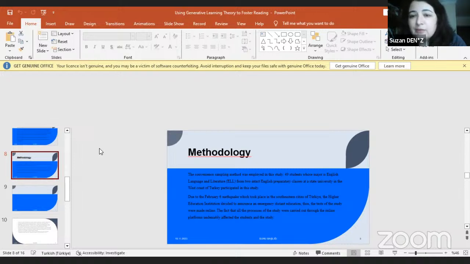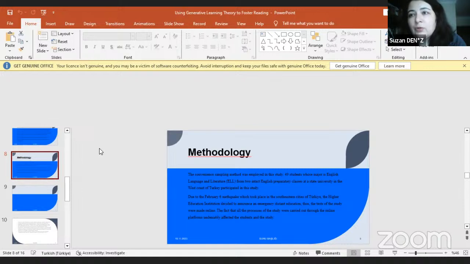As a result of this, there was a change in the medium of teaching. The tests of the study were made online as well as the classes. The fact that all the processes of the study were carried out through online platforms undeniably affected the students and the study.